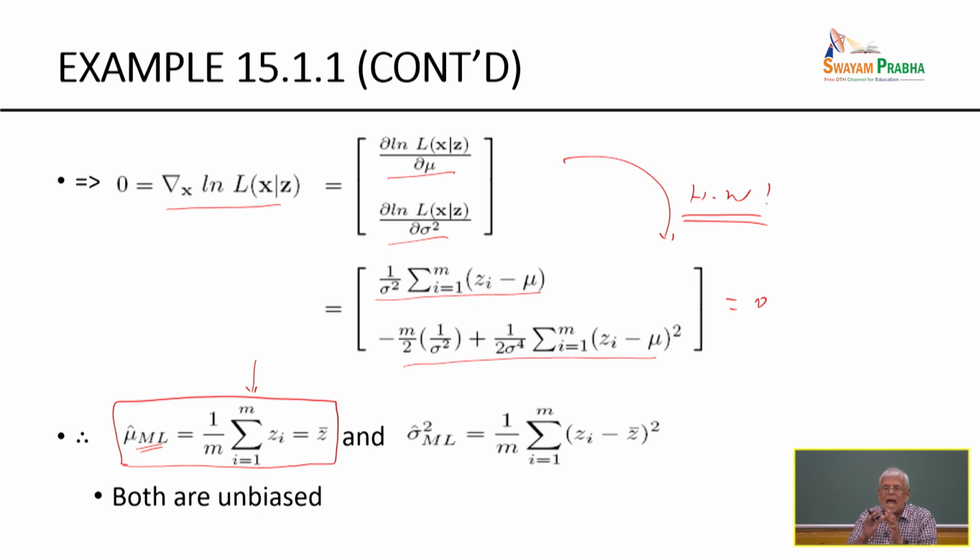Now I am showing average is also the best maximum likelihood estimate of the unknown mean. Now the variance of the estimate is 1 over m times the sum of z_i minus z bar, whole square. Both are unbiased estimates under the maximum likelihood consideration.